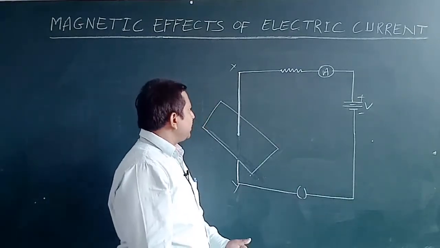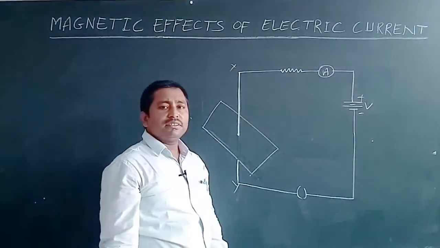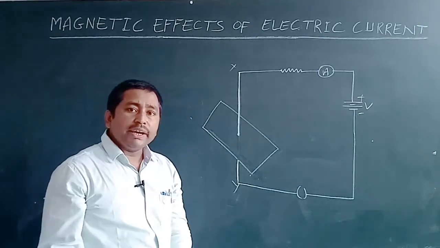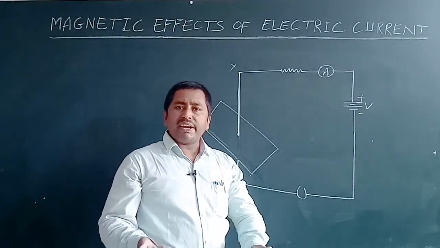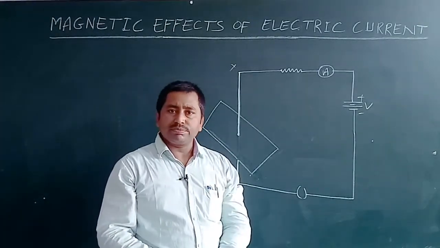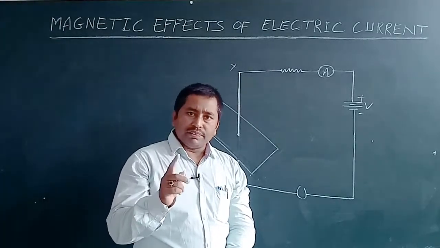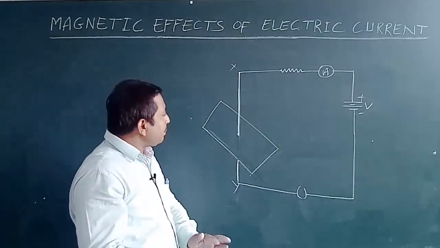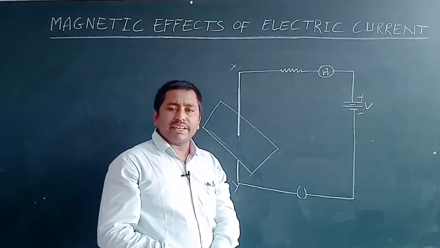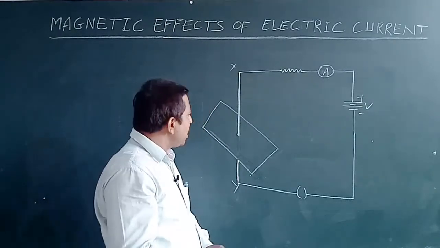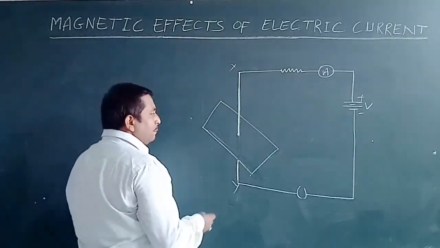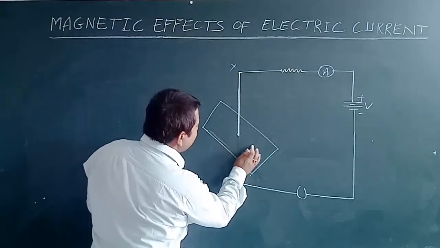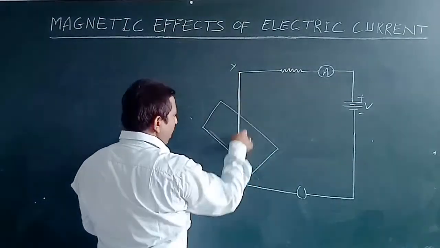There is a current flowing through the conductor, so there is a magnetic field around the current carrying conductor. To demonstrate the magnetic effect of a current carrying conductor, we should place a magnetic needle just beside the wire.